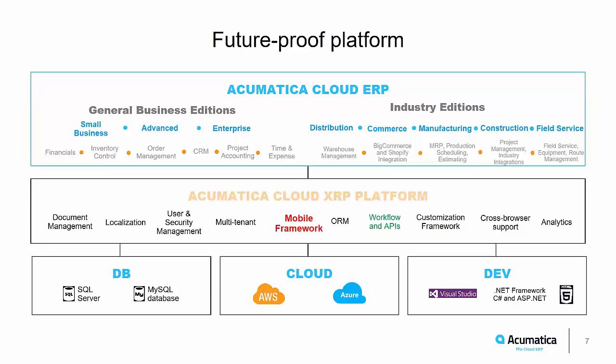All of that would not be possible if it wasn't written in that time frame that now that technology was available. And we also talked about the fact that we can host it in AWS as a SaaS platform, and we can do it in a subscription and run it wherever you want, whether it be Azure, or you can even purchase the product. So Acumatica gives you a lot of capabilities.